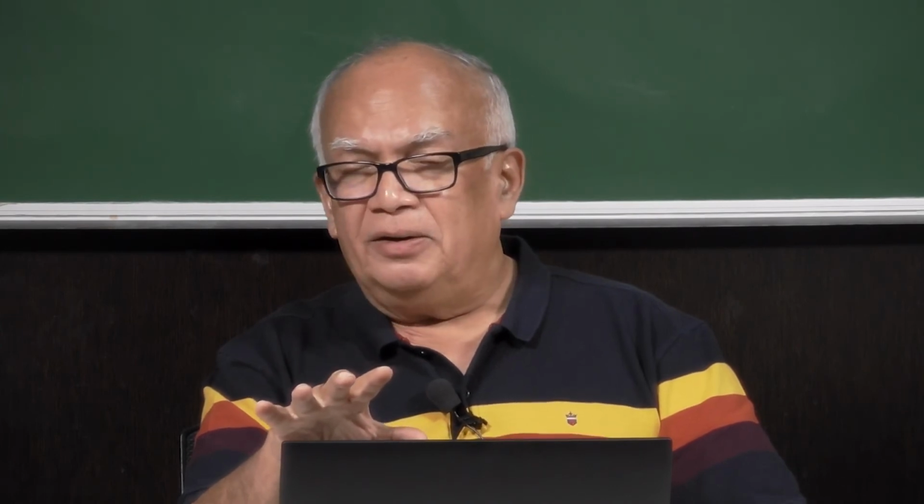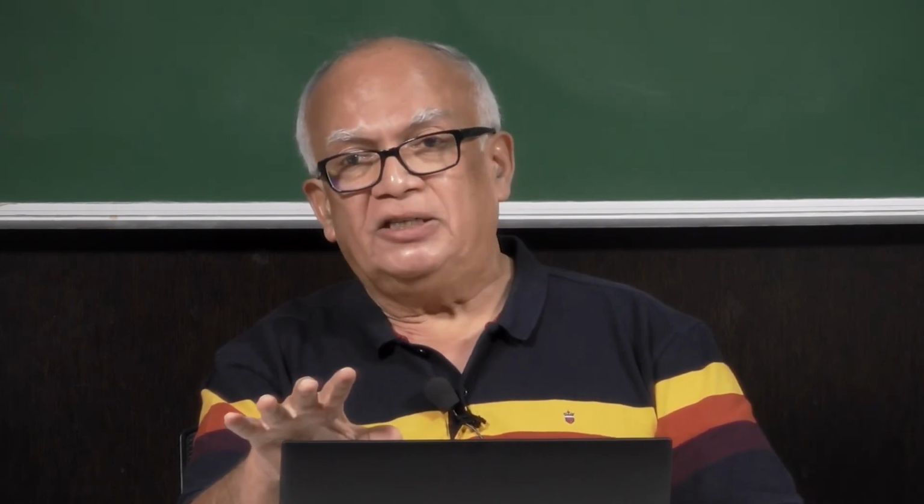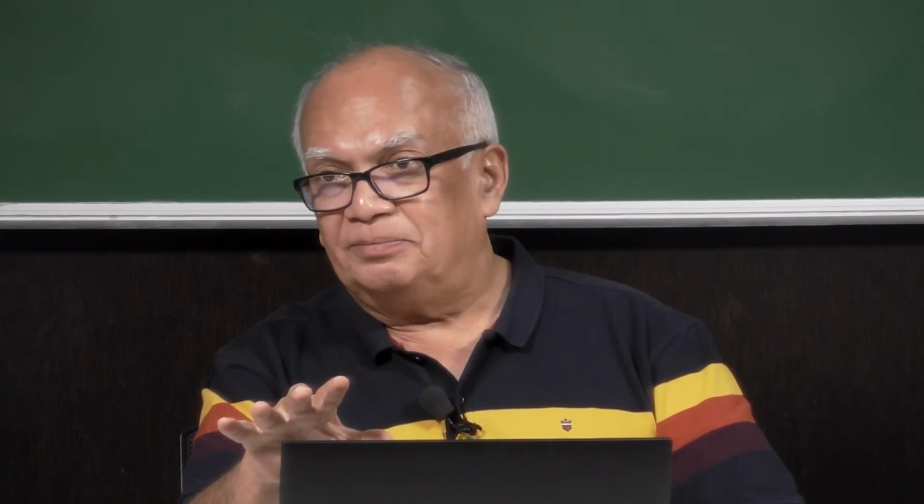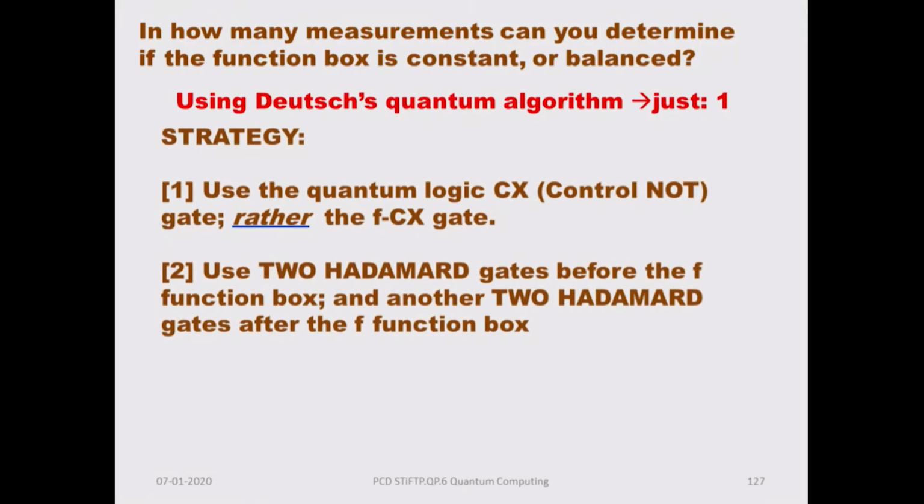And depending on how you use your quantum gates smartly, you will have tremendous benefit of using the quantum gates. Okay, this is just the beginning. So, using the Deutsch quantum algorithm, you can achieve this in just 1 step, and we will discuss how you can get it in 1 step.